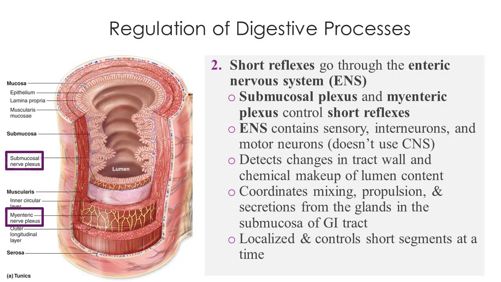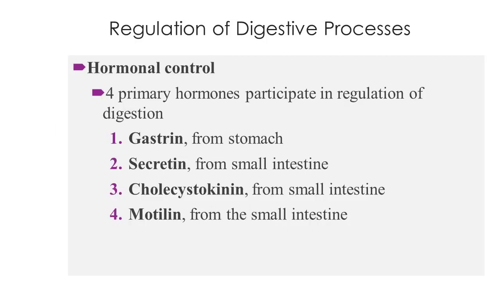Now we're going to introduce this concept as well, because we all know that there are two major control centers of the body. What's the number one control center in the body? Nervous system. What's the other control center in the body? Your hormones, the endocrine system. So your GI tract is no different.